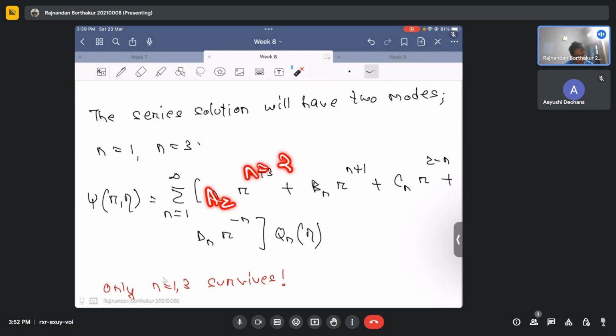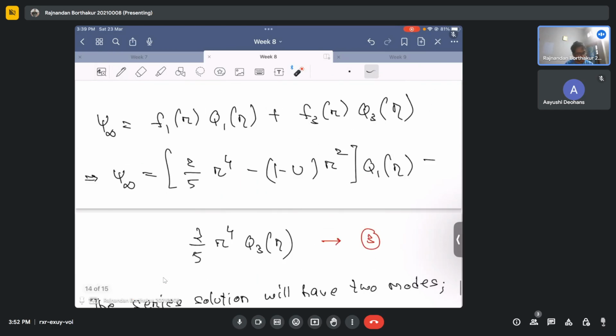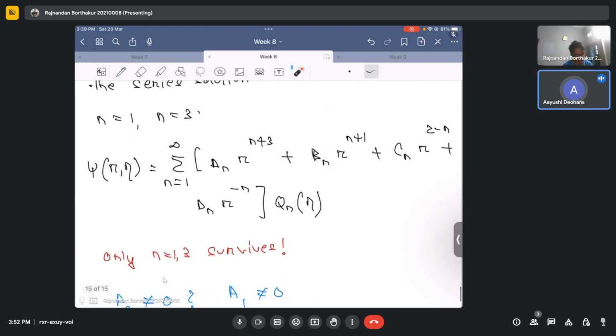This would be a2 times r power 5. Okay, so is that possible by looking into the solution of psi infinity given by equation 3? Can you tell me? No. Yeah, zero in the A part, exactly.